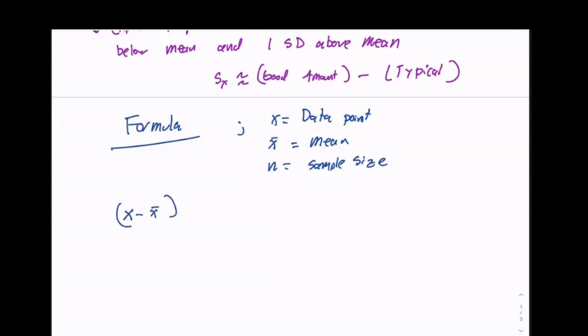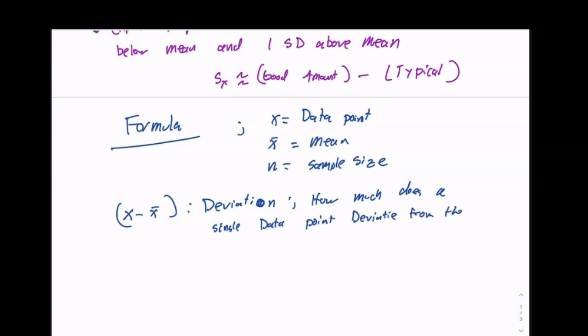We refer to this as a deviation. How much does a single data point deviate from the mean? That's the distance.